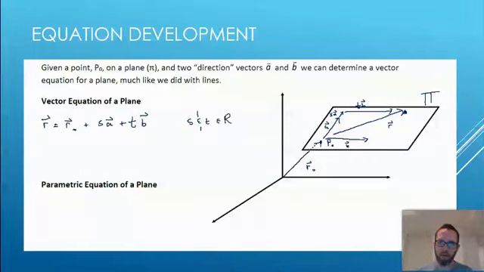So this actually looks a lot like the vector equation of a line. You have some point on the plane. And instead of having one direction vector, because it's a plane, to span a plane you need two direction vectors. So here, R naught is some vector (x naught, y naught, z naught), which corresponds to a point on the plane.